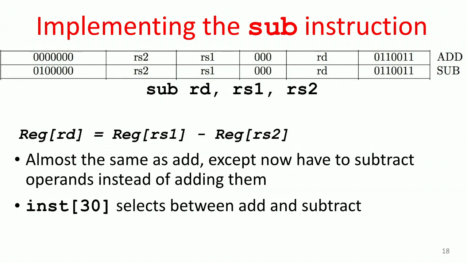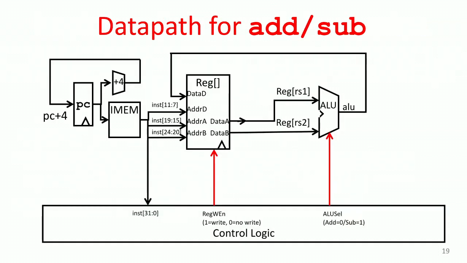Functionally, though, it's going to subtract register RS2 from RS1 rather than add. So instruction bit 30 selects between add and subtract. So the controller can know about that, and the controller can change the way the data path operates based on that bit.